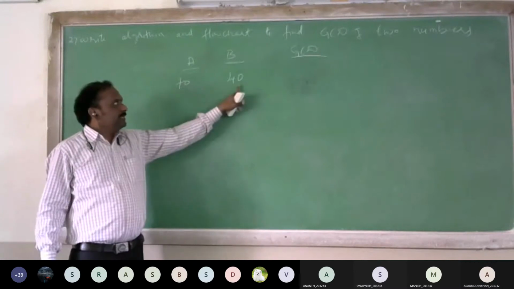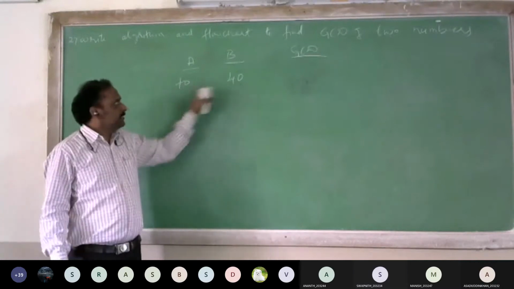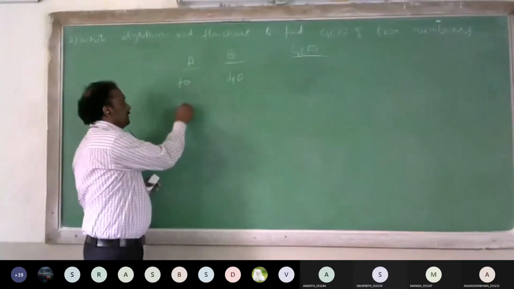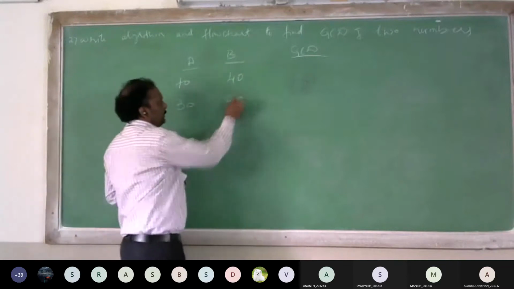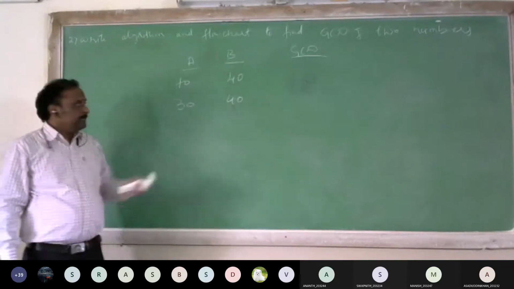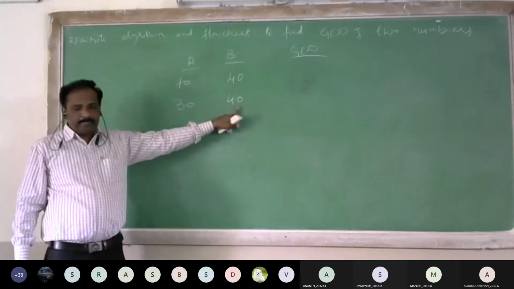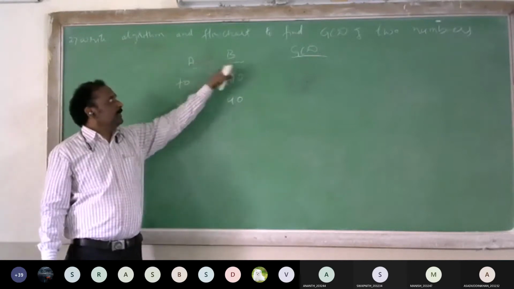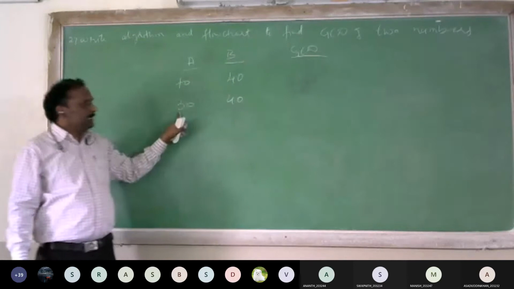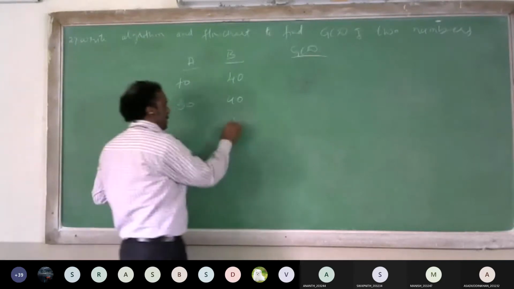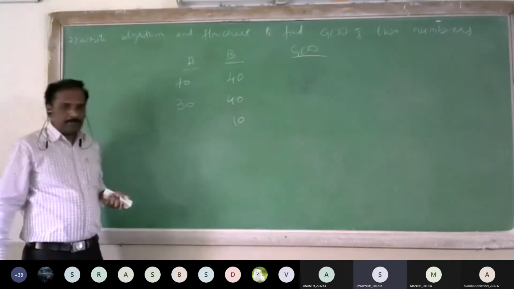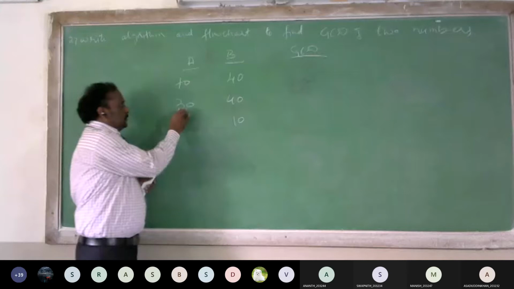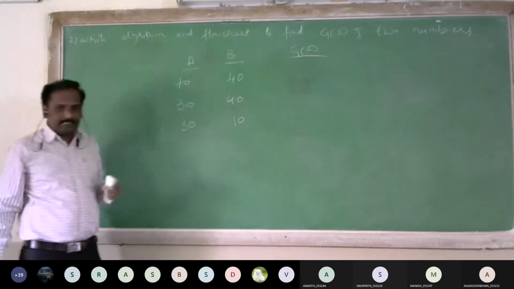You subtract 70 minus 40, which is 30. Don't do anything for B; B stays 40. Now 40 is bigger and 30 is smaller, so B is equal to B minus A: 40 minus 30 is 10. Don't change the 30, write it as it is.